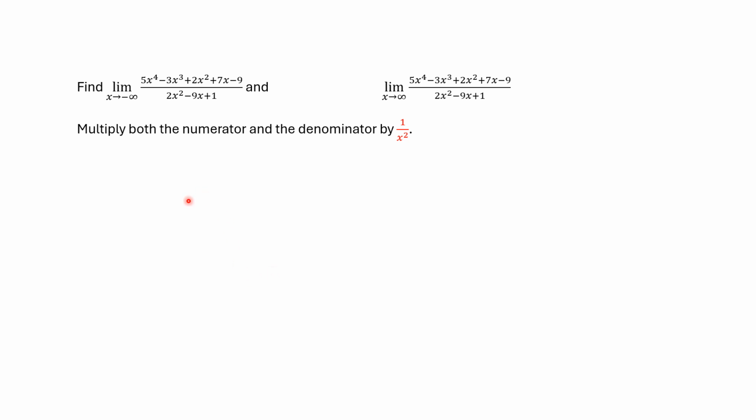The trick is we look at the exponents. Here our largest exponent is 4, here it's 2. We're going to multiply both the numerator and the denominator by 1 over x squared, divided by 1 over x squared, a form of 1.